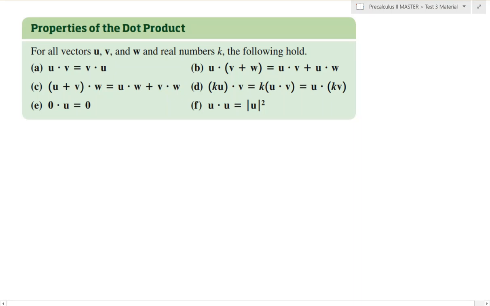So an associative and commutative combination of properties there. Part E shows that the 0 vector dot u is going to be 0. And part F shows that u dot u is the magnitude of u squared.